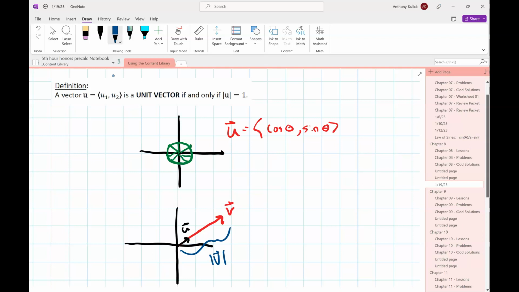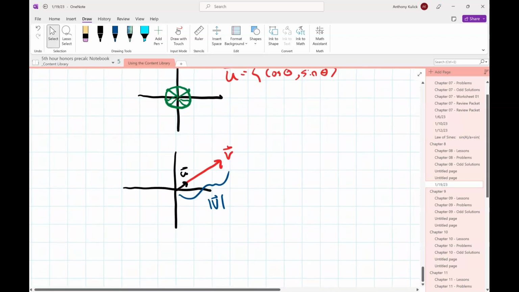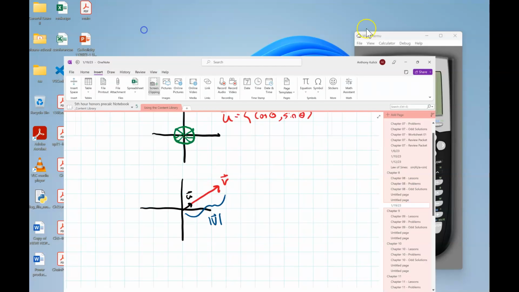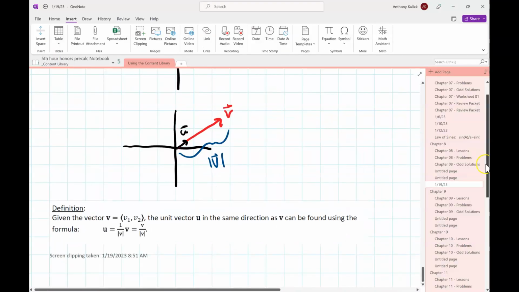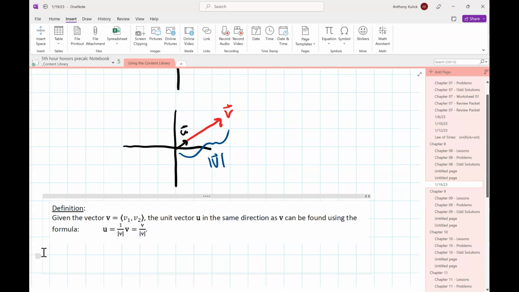Does that feel okay to everybody? So what do we say there then? Let's formalize this into a definition. Given some vector v, to find a unit vector u in the same direction as v, u is going to be 1 over the magnitude of v times vector v.